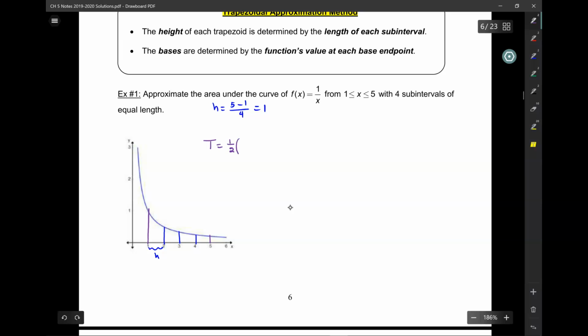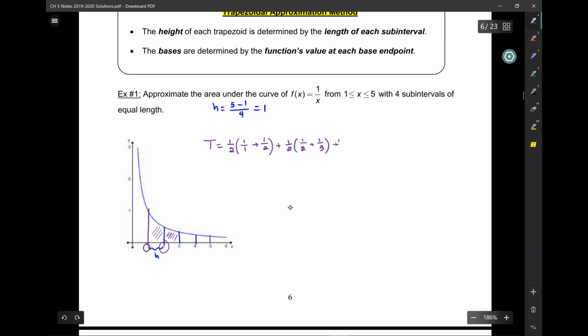Okay, so 1/2. So now for that first trapezoid, the first base is going to be f of 1, so that's 1 over 1, plus f of 2, 1 over 2. I'm going to do it one by one first, and then we'll do shortcuts. Now for the second one, it's going to be 1/2 plus 1/3. So f of each endpoint.